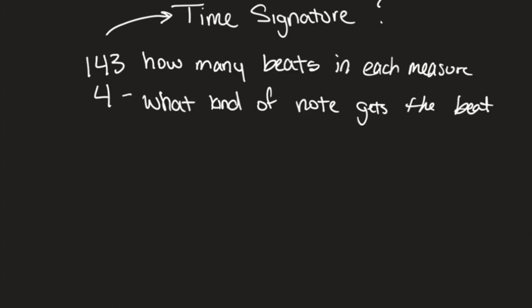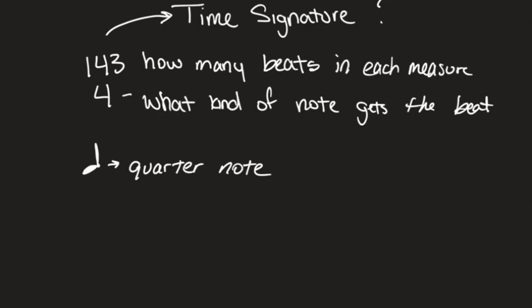We already know what kind of note gets one beat. What is it? It looks like this. It's called a quarter note. Now, a quarter note gets one solid beat.